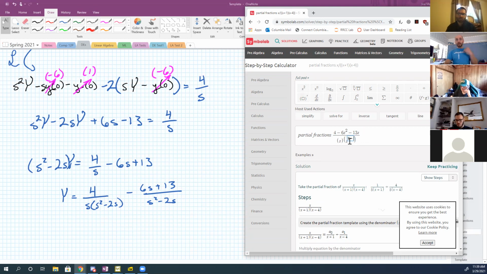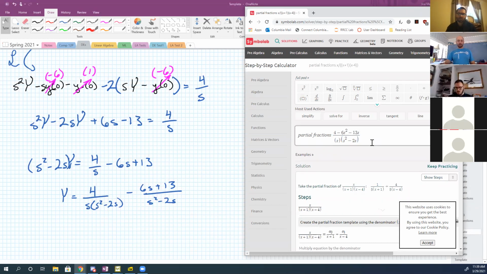Oops, that's all going in the exponent. That's not what I wanted at all. Okay, objections to that. 4, 6s squared minus 13s all over. I think I'm good.